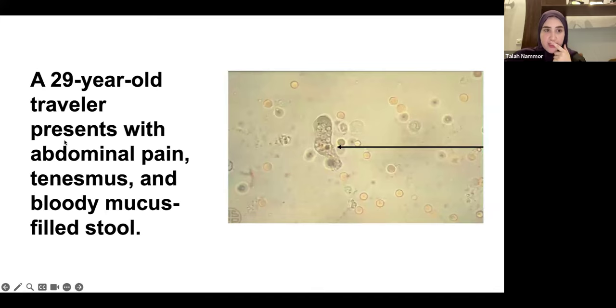Okay, let's move on. 29-year-old traveler. She presents with abdominal pain, tenesmus, and bloody mucus-filled stool. And you see this. What is the first thing that you think of? So we have watery diarrhea. We see this beautiful thing. What is the microorganism? Think.